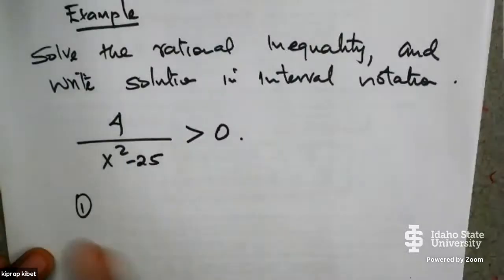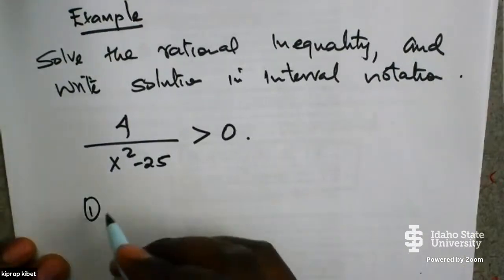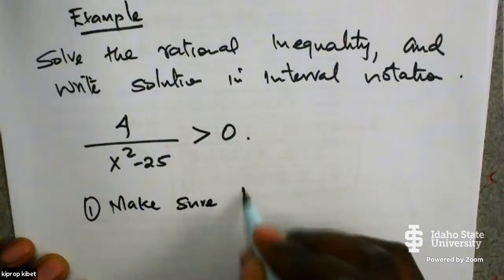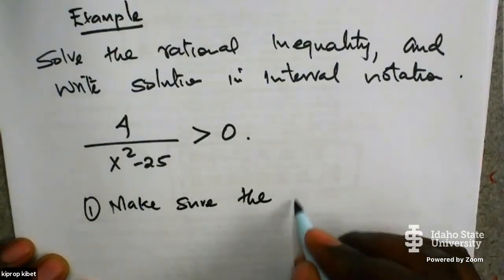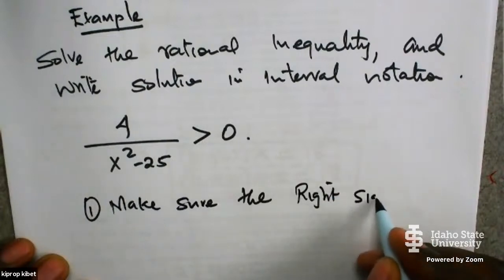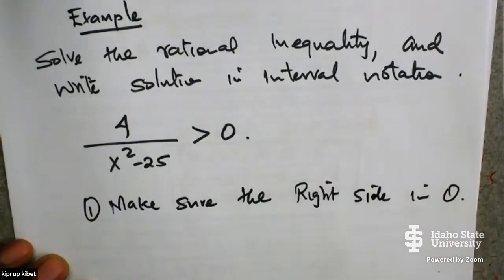So step number 1 is, you make sure the right side is what? Is 0.